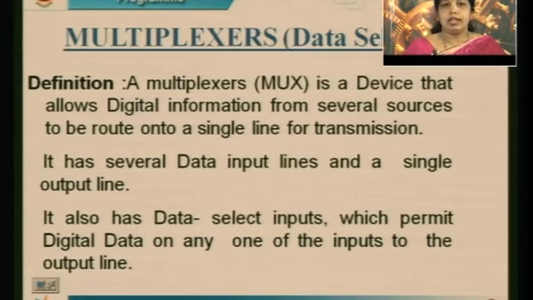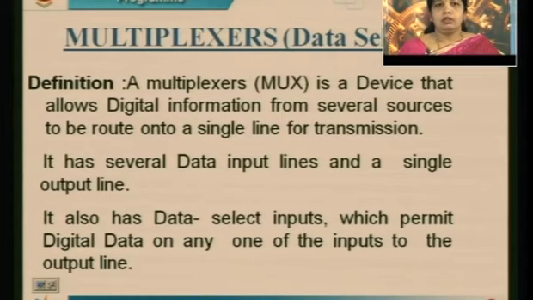These input lines we call data input lines, and it has a single output line. Out of many inputs, only one input is selected and redirected at the output. For this selection of inputs, we have additional inputs called selection inputs or control inputs. They are also called selection signals or control signals.